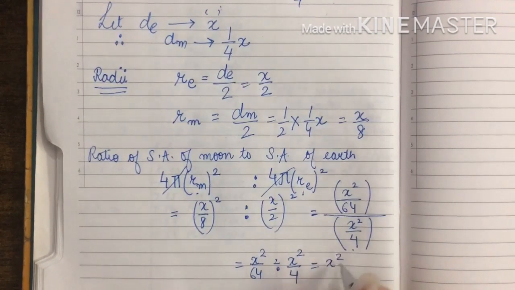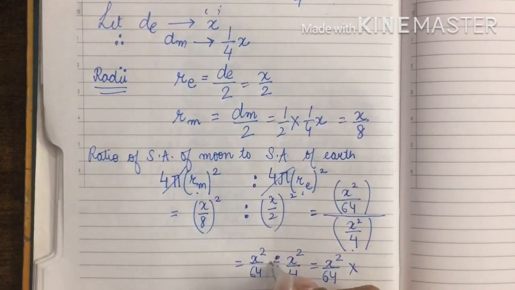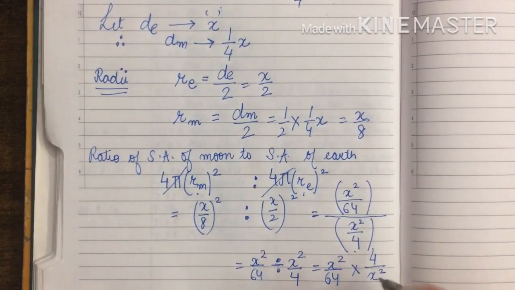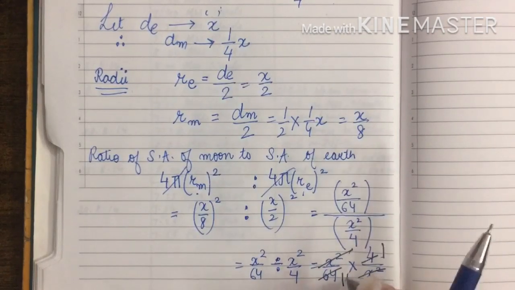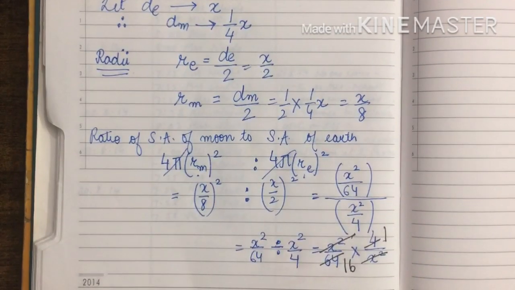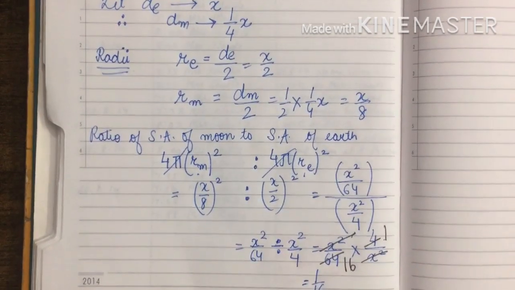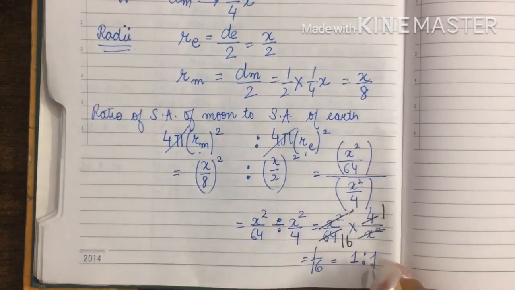This can be written as x square over 64 into reciprocal of the second one. Now simplifying, x square cancelled, these 2 get cancelled, so the ratio comes out to be 1/16. So hence the answer is 1:16.